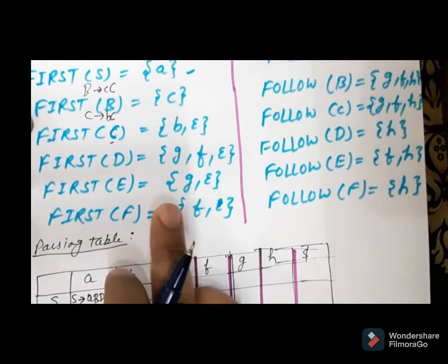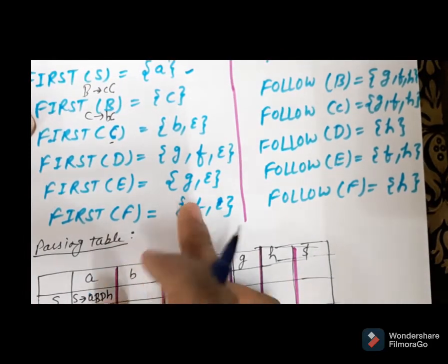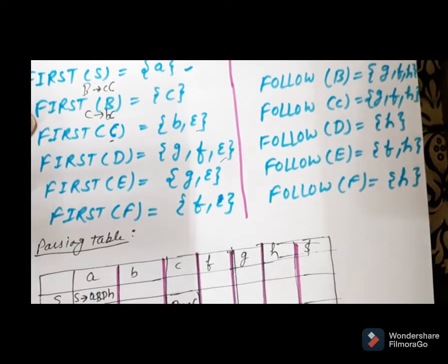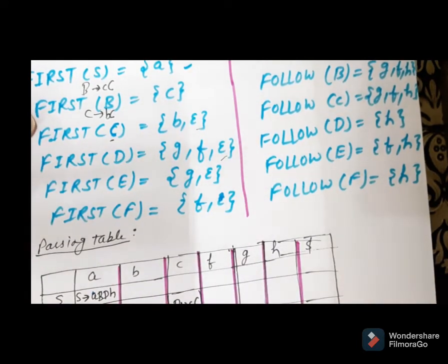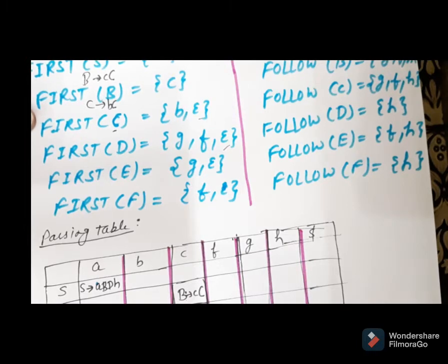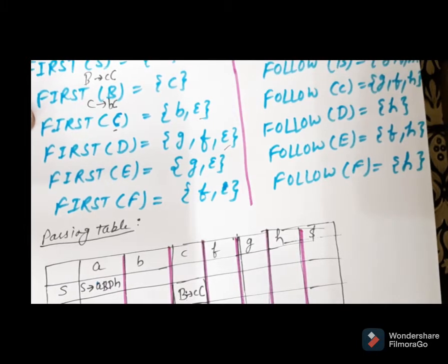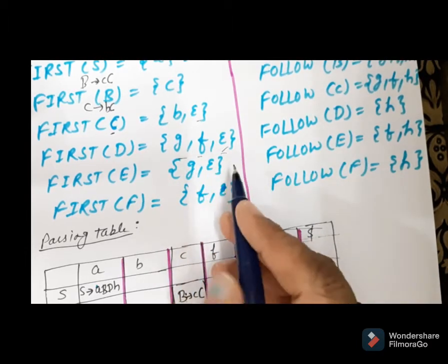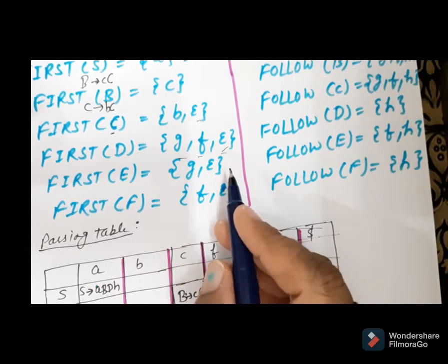And now first of D. First of D is G, F and epsilon. Epsilon is also here. So this will be discussed when I use the follow symbol. Epsilon will be used when I use the follow symbol. And after this, D having the first G, F and epsilon, with the help of what production do I get?